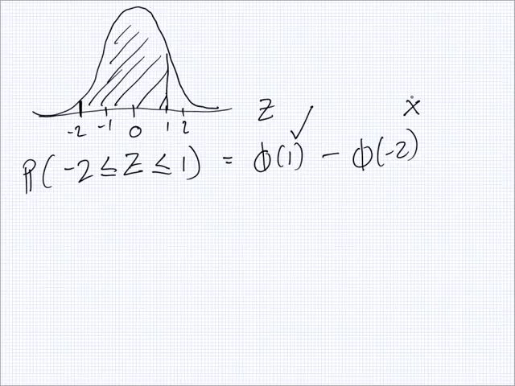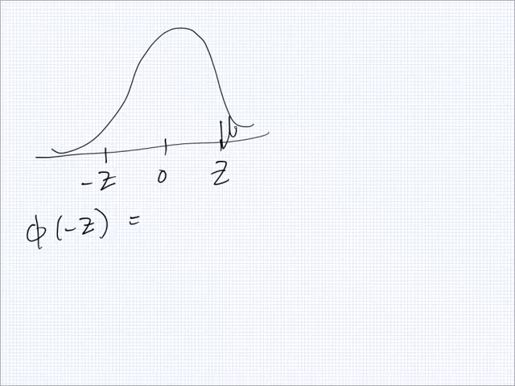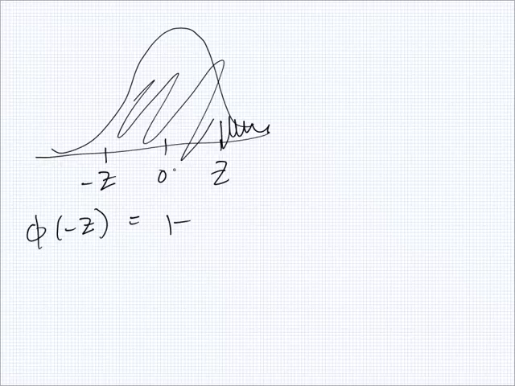But there's a little trick, maybe you figured it out. If you have here 0, minus Z and Z, and you want the area to the left of minus Z, that's equal to this area here, which is 1 minus this area here. So this is how you could get rid of a minus.